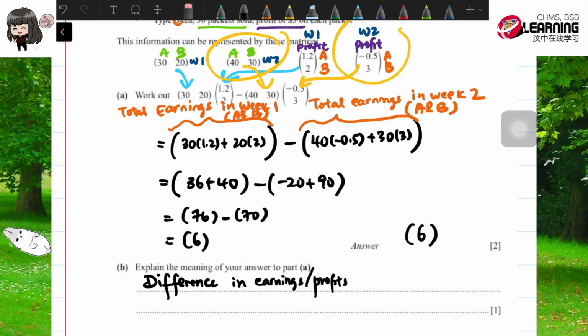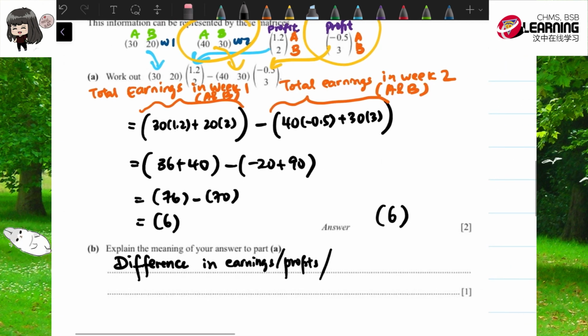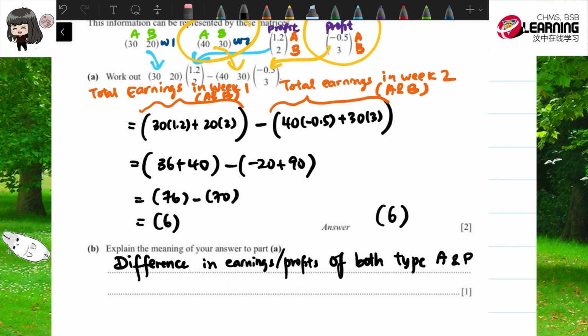We accept difference in the amount gained also, whatever it means by these two, of both type A and B. Okay, difference between week 1 and 2. Okay, complete.